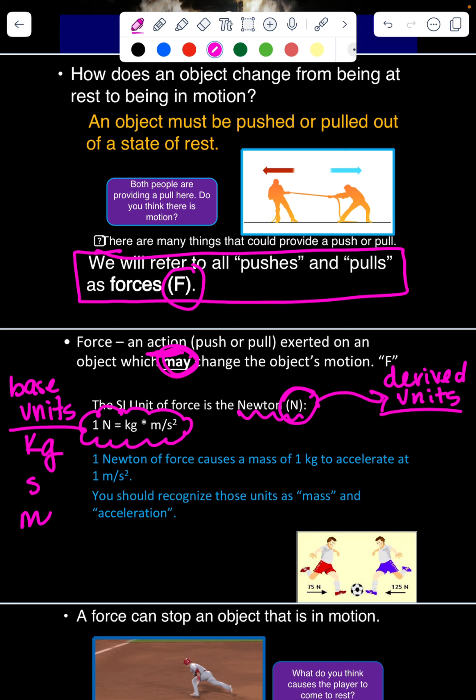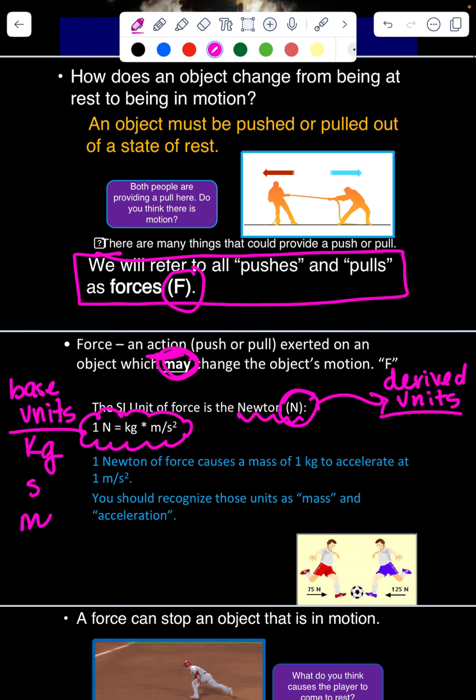All right, so all that statement says, what you're looking at says that 1 Newton of force causes a mass of 1 kilogram to accelerate at 1 meter per second every single second. That's what that means. But we're going to look at it, and just using that derivation of a Newton, we can actually discover Newton's second law of motion.